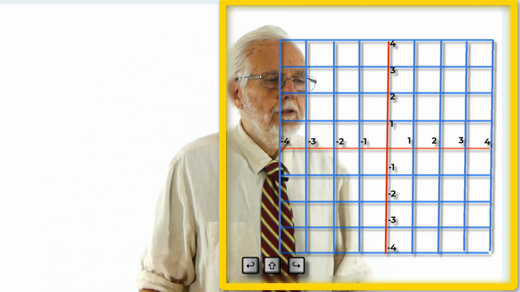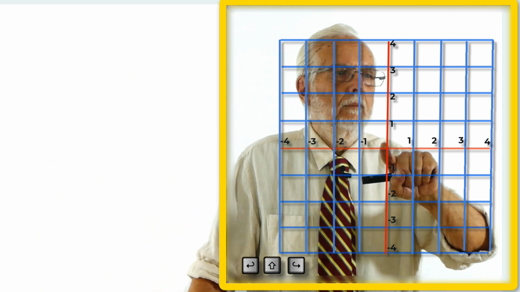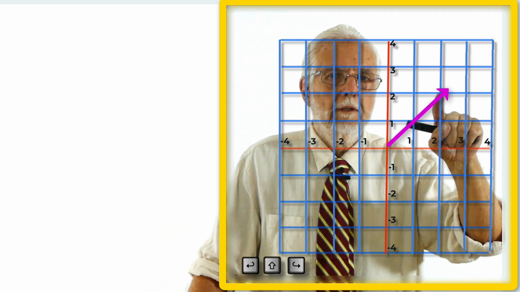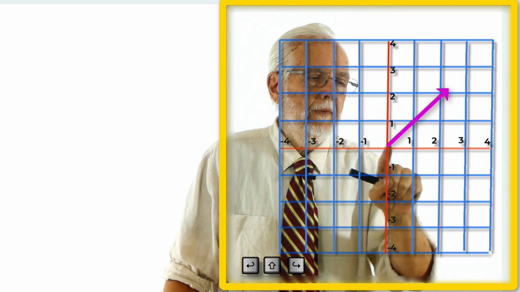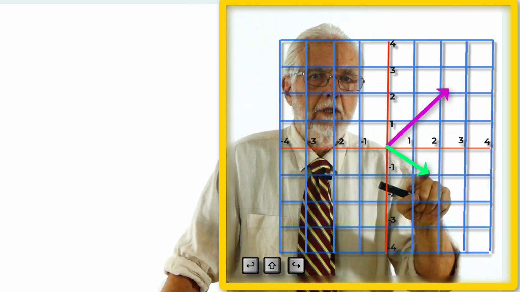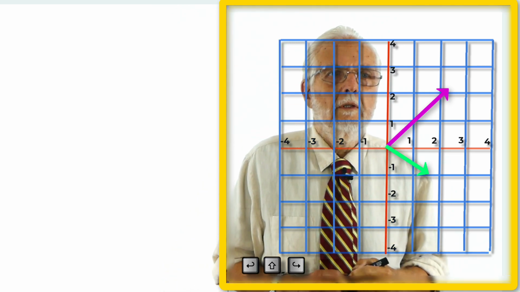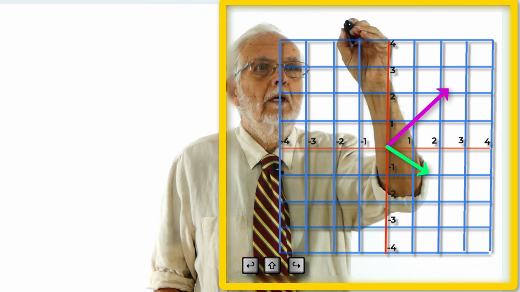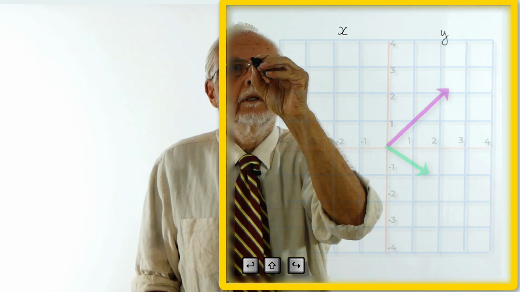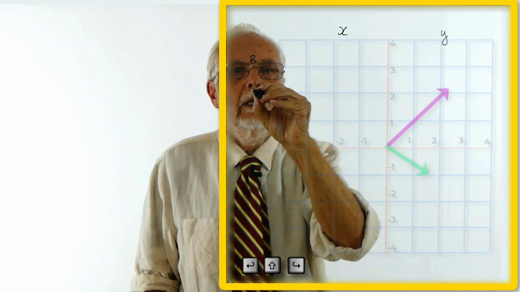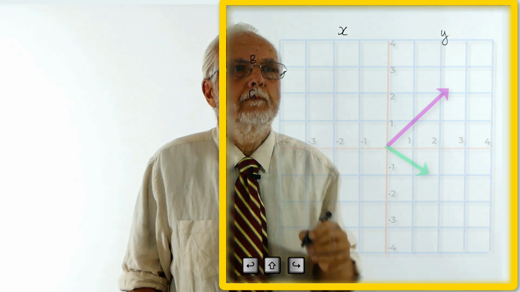To do this, we'll use two new vectors, a blue one, 3 at 45 degrees, and a green one at 2, negative 30 degrees. So once again, we'll have an x value and a y value and a blue vector and a green one.